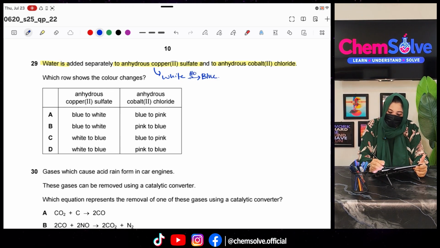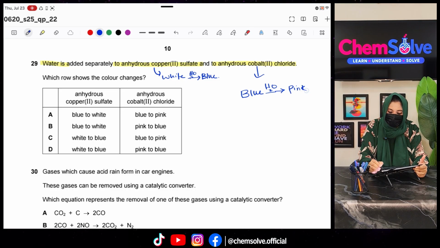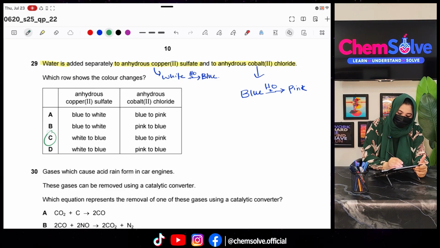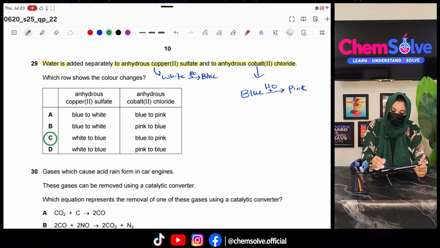And anhydrous cobalt chloride is blue, and when water is added to it, it turns pink. So the correct option must be option C.